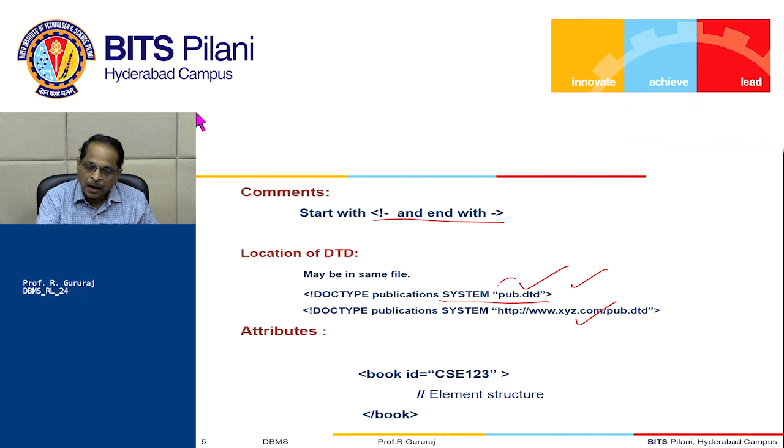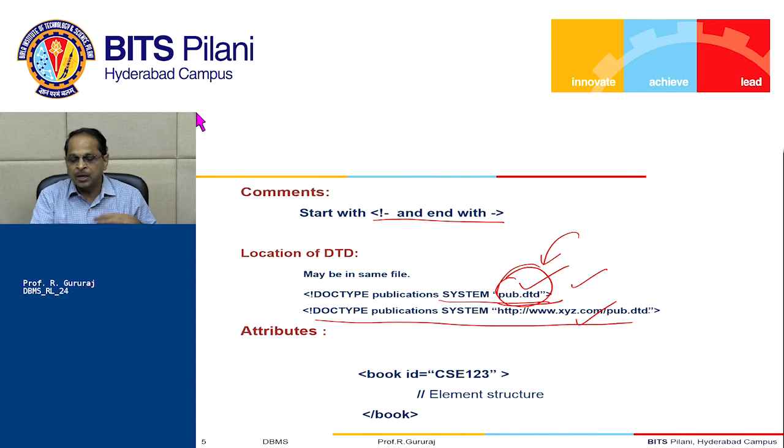But in this case, I am writing it as a separate file whose name is pub.dtd and it is available in the same system. If I don't specify the directory structure, it indicates that it is in the same directory where the XML document which is using this pub.dtd is residing. In some other cases, it can be on some other machine.